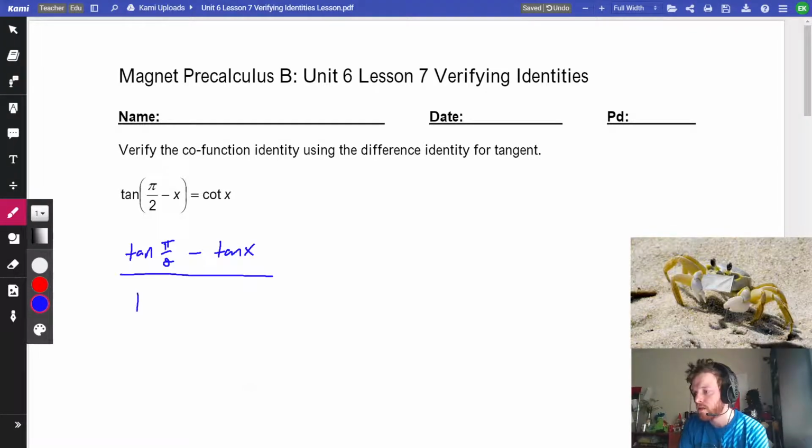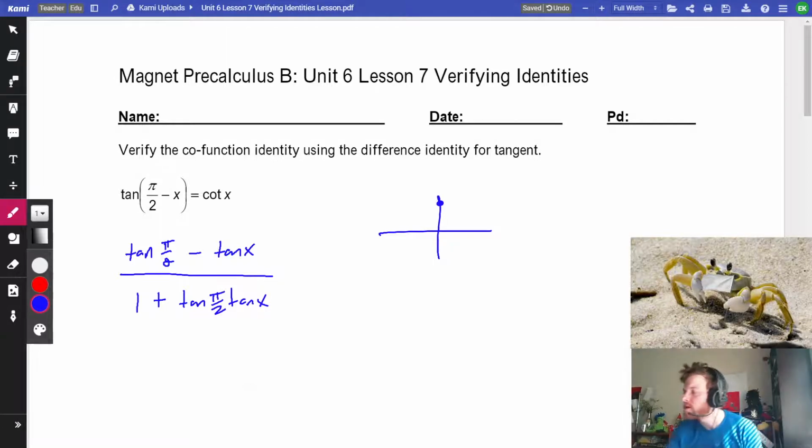All right, let's evaluate some of these. The tangent of pi over 2, that is the slope on the unit circle at pi over 2. That's right. Oh, wait. We have a conundrum. This is undefined. Tangent of pi over 2 is undefined, so this entire expression is undefined.